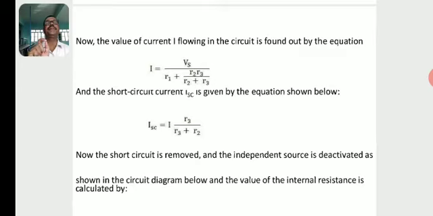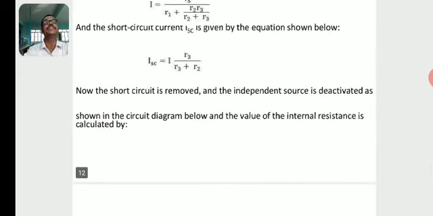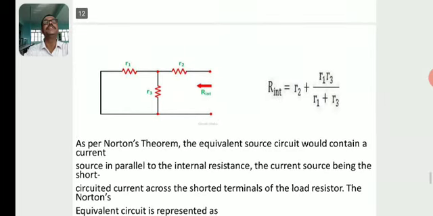The short circuit current ISC is given by the equation ISC equals I into R3 divided by R3 plus R2, according to the branch currents method. Now the short circuit is removed and the independent source is deactivated as shown in the circuit diagram below, and the value of the internal resistance is calculated. The internal resistance equals R2 plus R1 R3 divided by R1 plus R3.